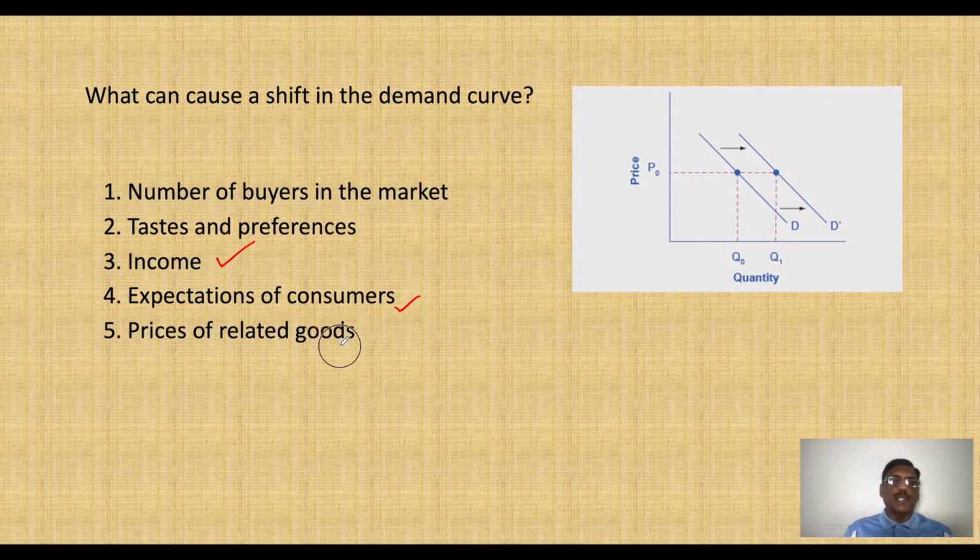Okay, price of related goods. This is very interesting. When you talk about related goods, there are two types of related goods. One we call substitutes. The other we call complementary goods.